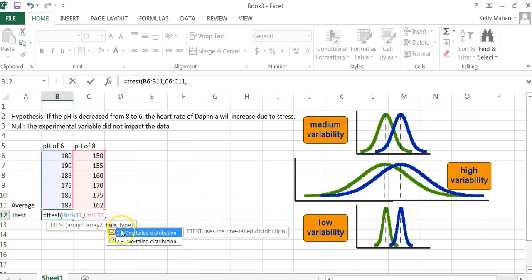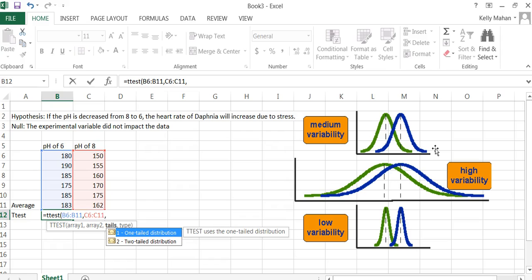Now, it asks how many tails I have. Well, in this case, it says if the pH is decreased from 8 to 6, the heart rate of the dyspnea will increase due to stress. So I think that the heart rate is going to increase, so I think my experimental data is going to move in one direction. Sometimes you don't know.